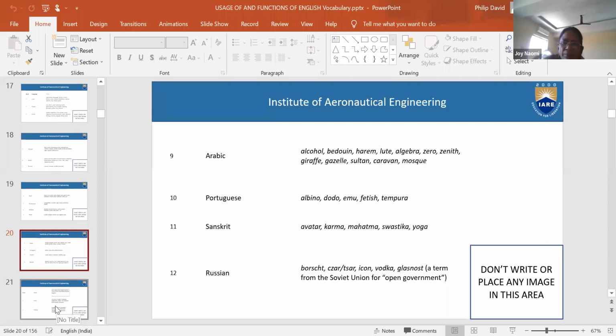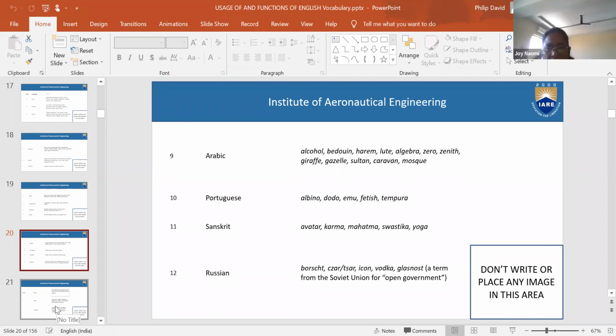Then from Arabic, words that English has borrowed from Arabic: alcohol, Bedouin, harem, loot, algebra, zero, zenith, giraffe, gazelle, sultan, caravan, mosque.